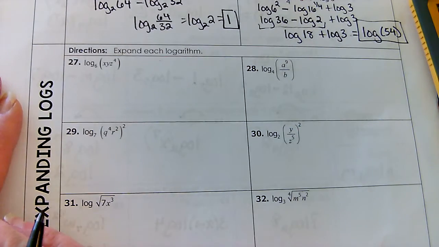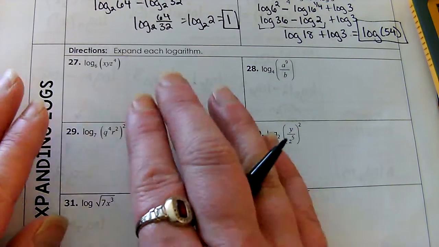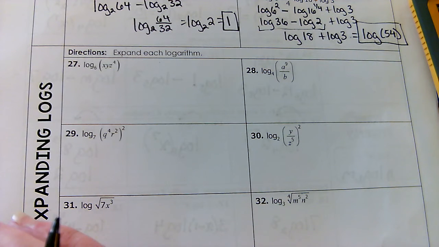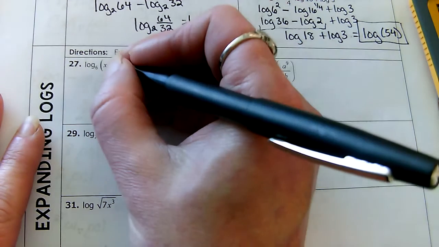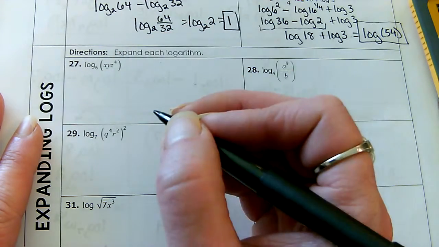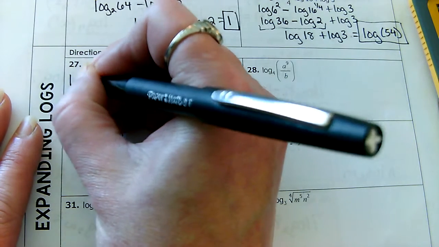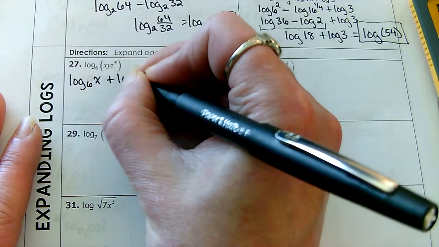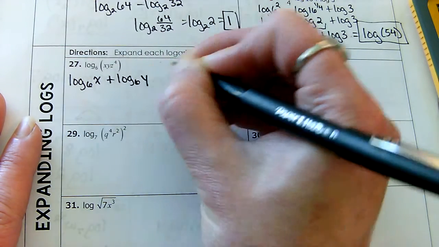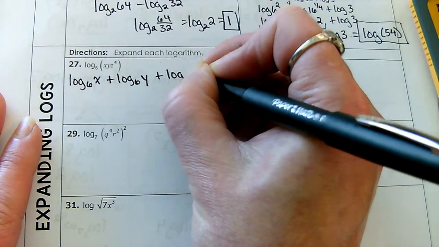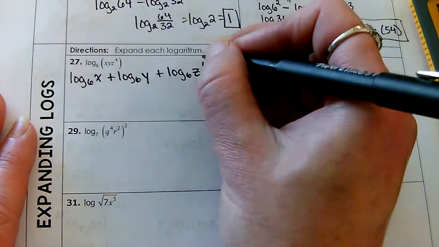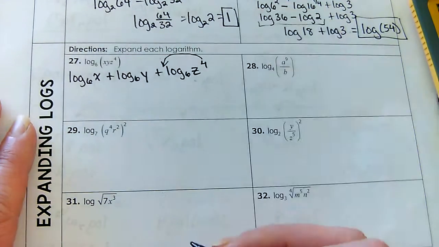Expanding means to separate it all out completely. These are actually my favorites. So, everything up here is being multiplied. So it's going to expand with addition. Exponents can go to the front.